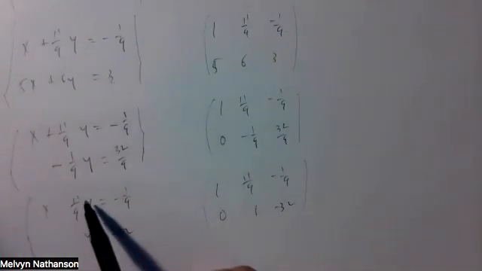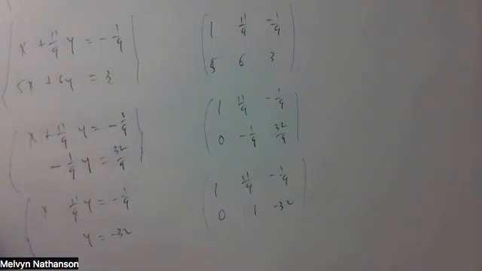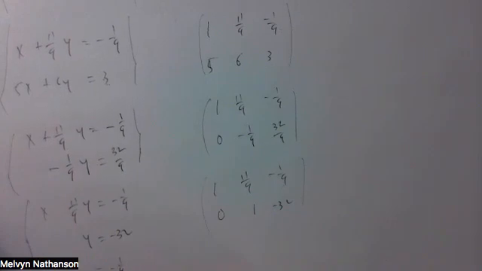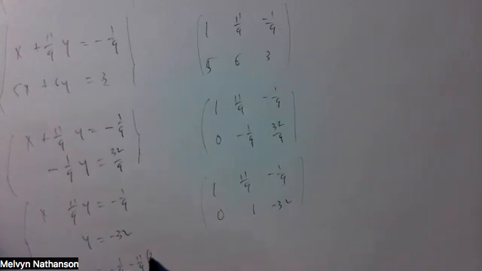Then I want the coefficient of y in the first equation to be 0. I want it to disappear. So I still have y equals minus 32. I add to the first equation minus 11 over 9 times the second. So I get x plus 0, since 11 over 9 y minus 11 over 9 y is 0. And I get minus 1 over 9 minus 11 over 9 times 32.